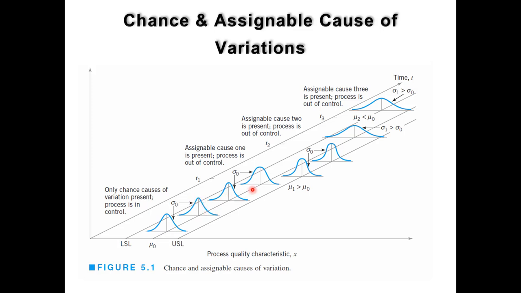But if you look at the next two sets of data, especially the fifth data set, the mean value of this sample actually lies on the upper specification limit.